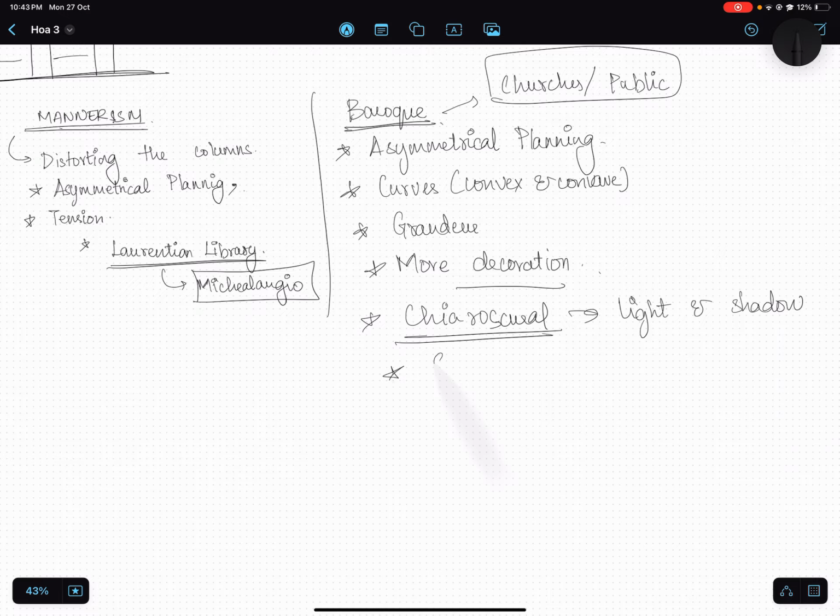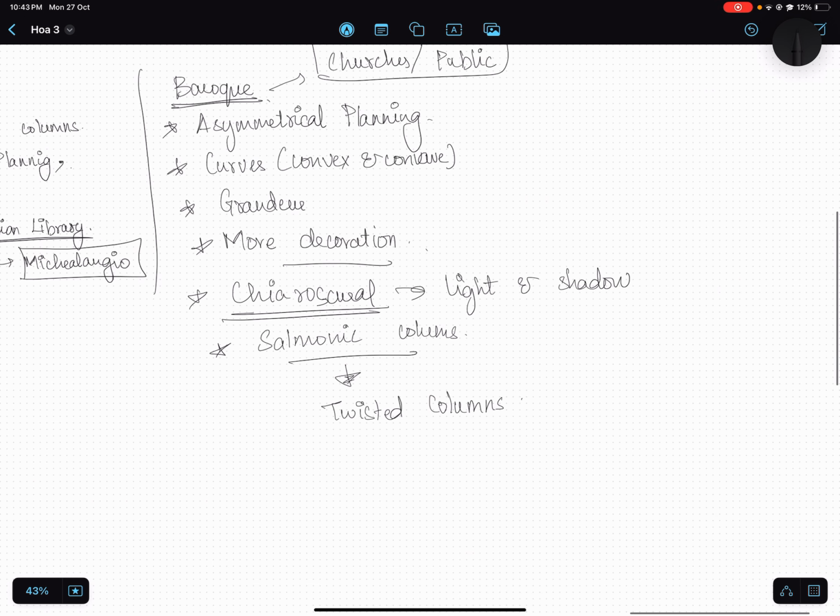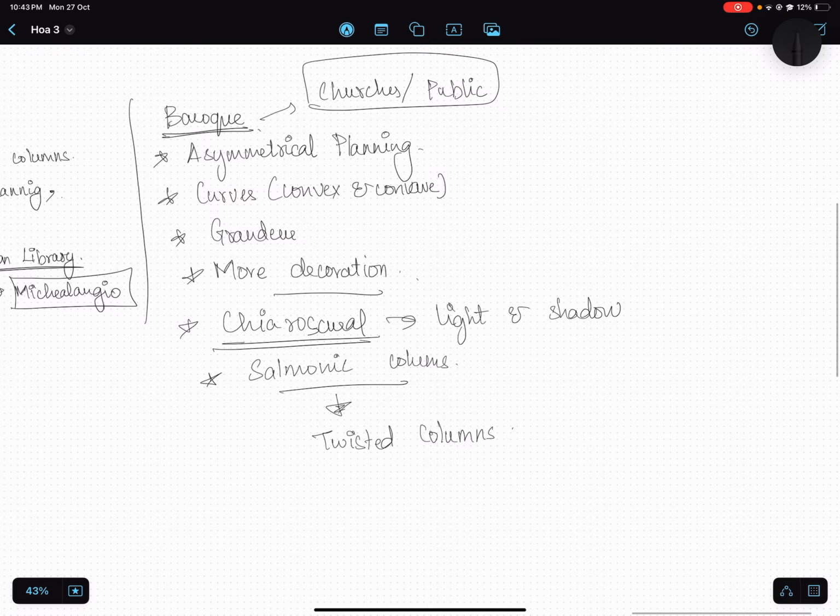And they had something called Solomonic columns, which is your twisted columns. So Baroque still followed asymmetrical planning, but it had a lot of curves to it. It was more grandeur, had more decorations, played a lot with light and shadows, and had twisted columns.